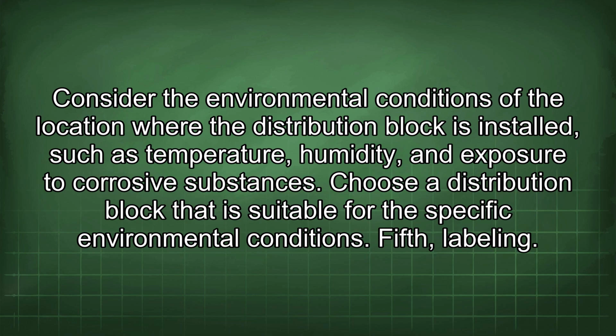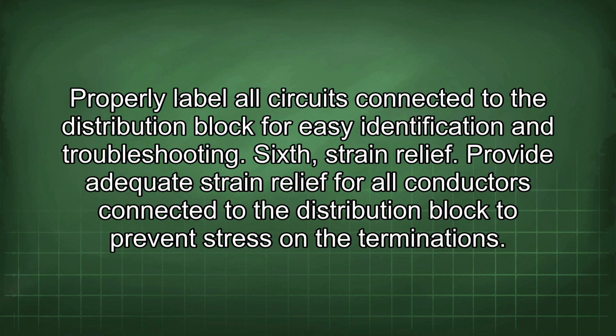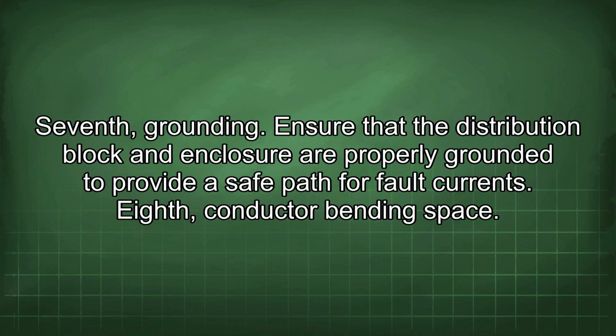Fifth, labeling. Properly label all circuits connected to the distribution block for easy identification and troubleshooting. Sixth, strain relief. Provide adequate strain relief for all conductors connected to the distribution block to prevent stress on the terminations. Seventh, grounding. Ensure that the distribution block and enclosure are properly grounded to provide a safe path for fault currents. Eighth, conductor bending space.